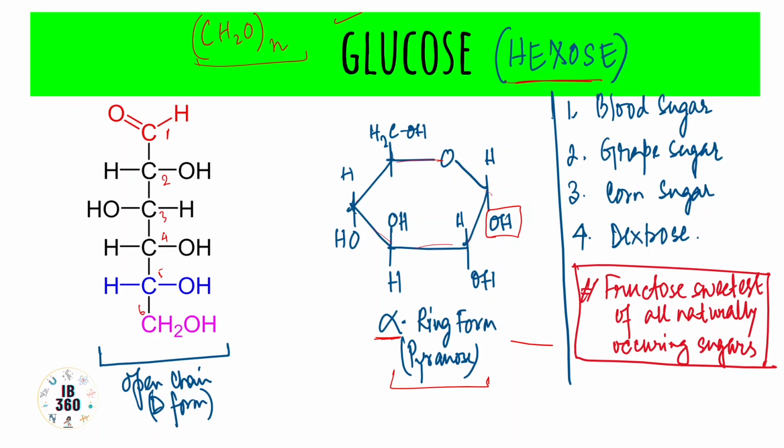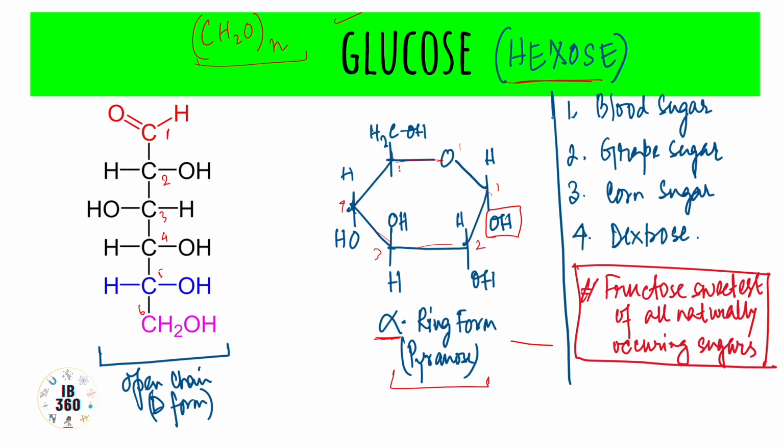This is the 1 oxygen atom, and 1 2 3 4 5 carbon atoms, actually 6 carbon atoms altogether, but anyway you get the point. So 1 2 3 4 5 and 6, that is our 6.